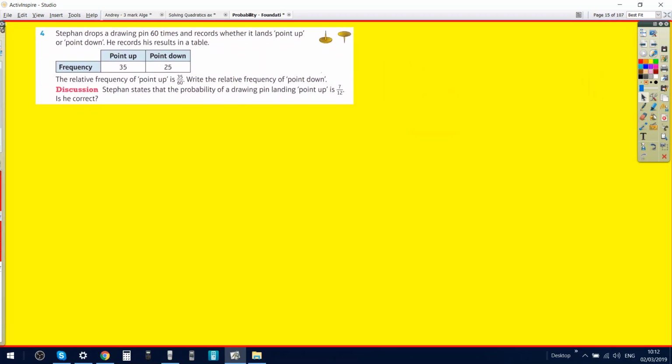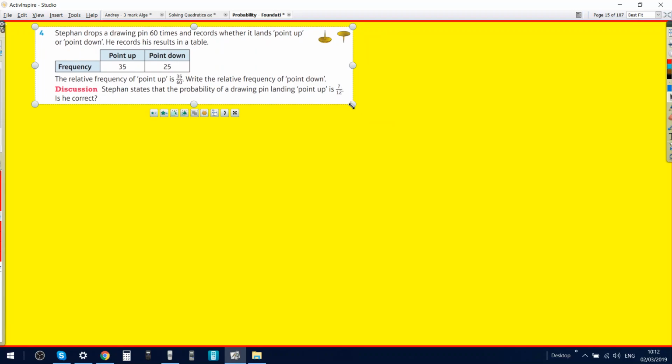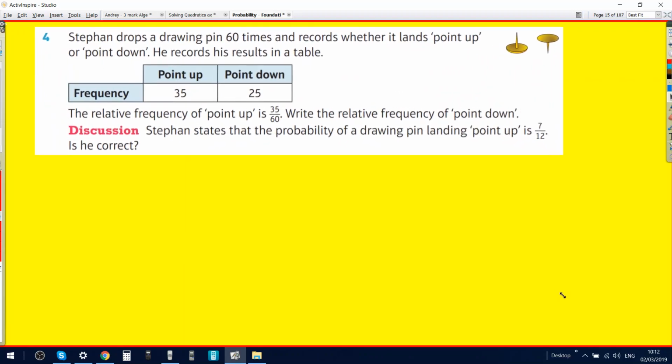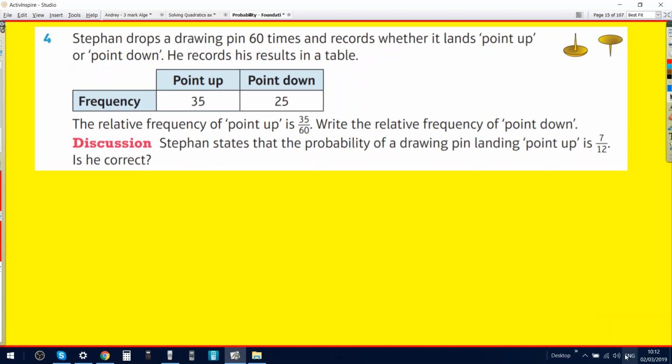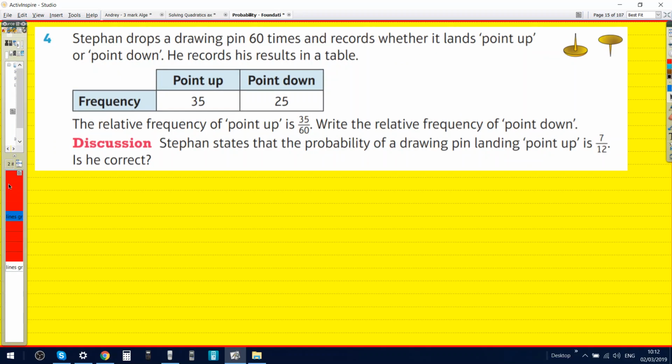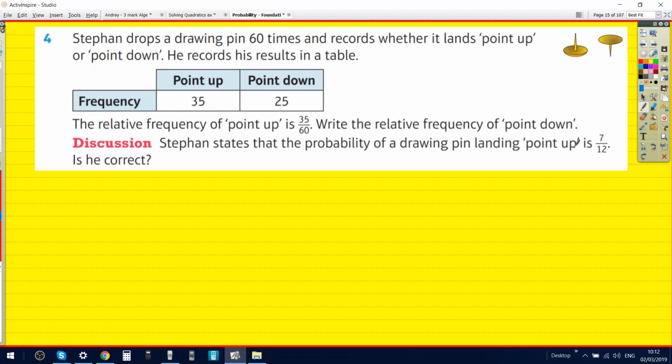Okay. How about this? The probability of the pin landing up is 7/12. Is he correct? So has he simplified the fraction 35/60? Doesn't look like it. So what we have to do is put 35 over 60 and then simplify it to see if we get to 7/12.